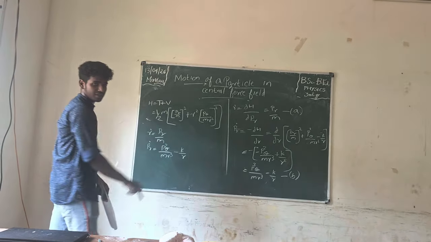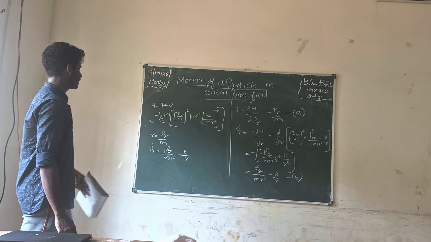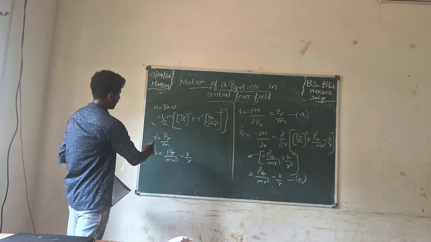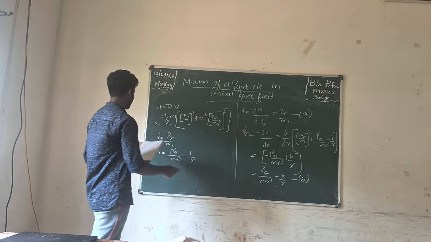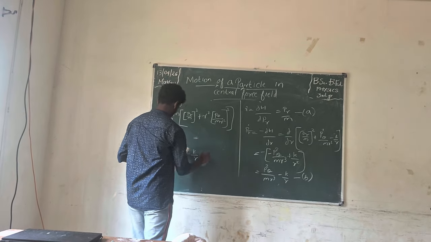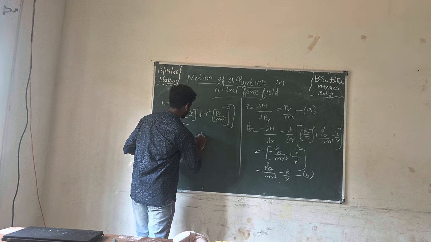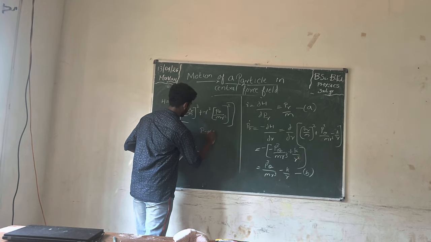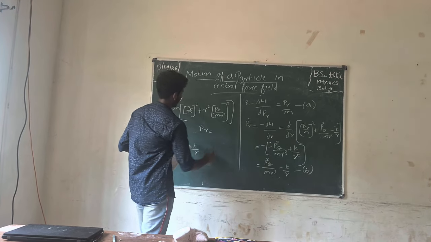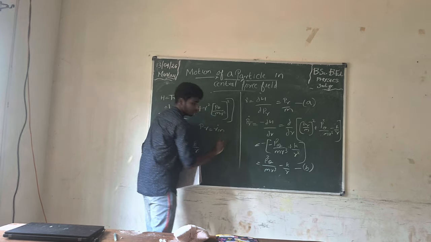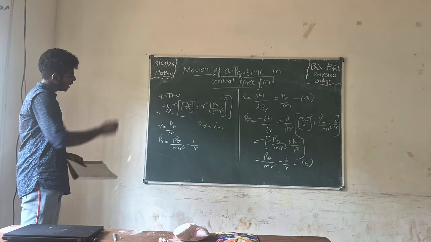From both of these equations, we can take this M to this side, right? So we can write it as PR is equal to R dot M, right? PR is equal to R dot M.